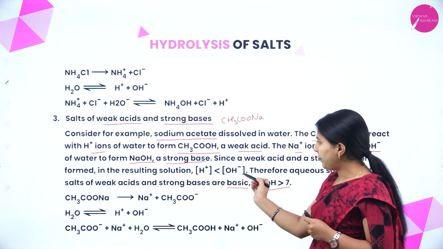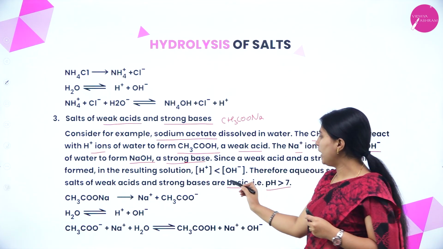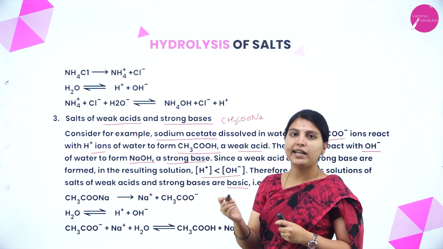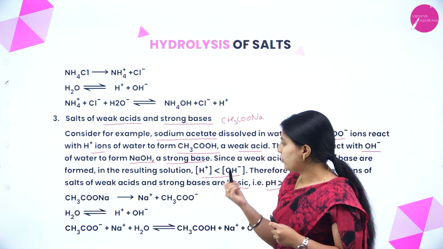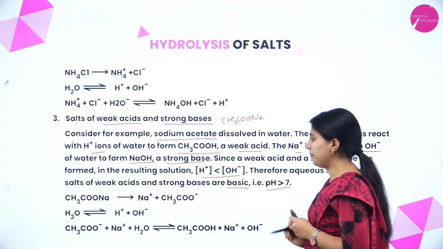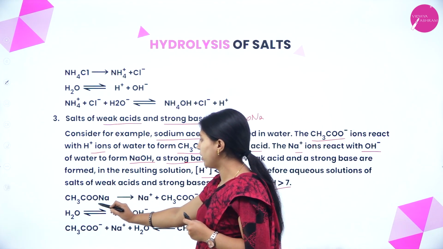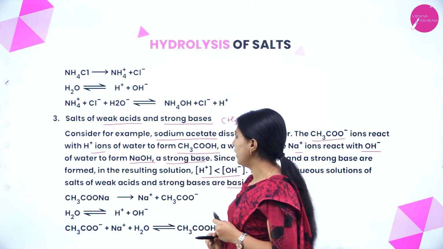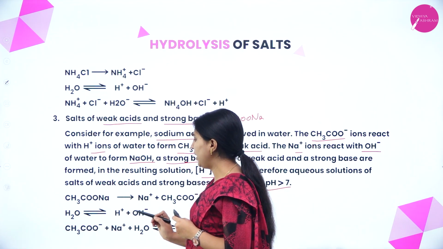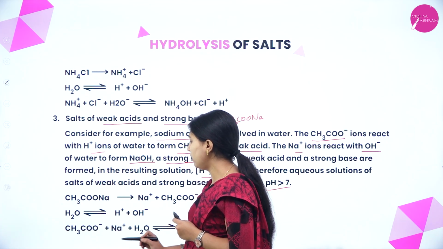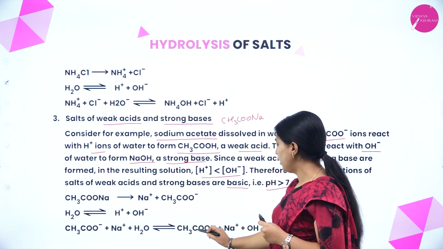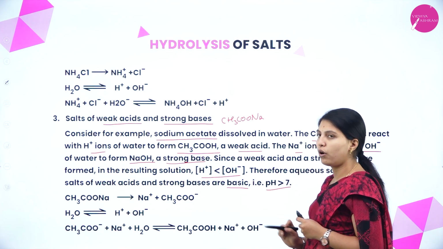Then if we make a comparison, obviously the concentration of base will be greater than the concentration of acid. Then the salt will be basic. Then pH will be greater than 7. See, this is the reaction. This is sodium acetate. Here Na+ and acetate ion will form. Next water will dissociate into H+ and OH- ions. Next acetate, sodium ion and water will form weak acid and strong base.